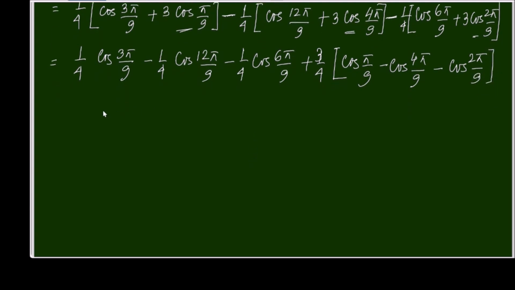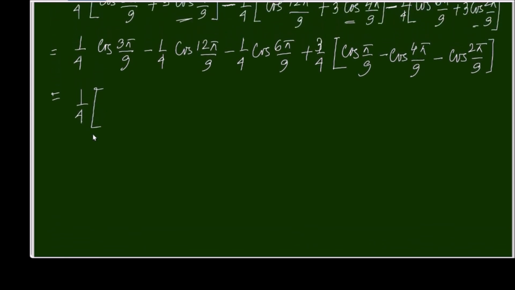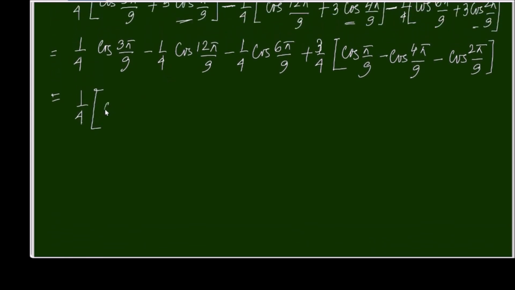Okay. Now from the first 3 terms, I'll take 1 by 4 common and simplify a little bit. Cos 3 pi by 9 can be written as cos pi by 3. And here cos 12 pi by 9 equals cos 4 pi by 3.